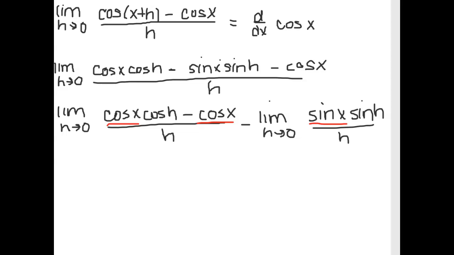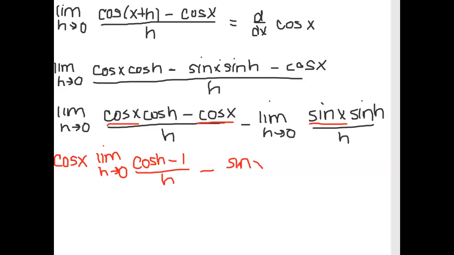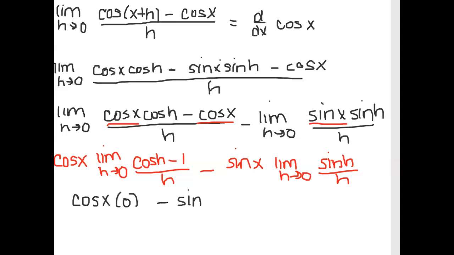Therefore, they can come in front of the limits. And we end up with cosine x times 0 minus the sine of x times 1.